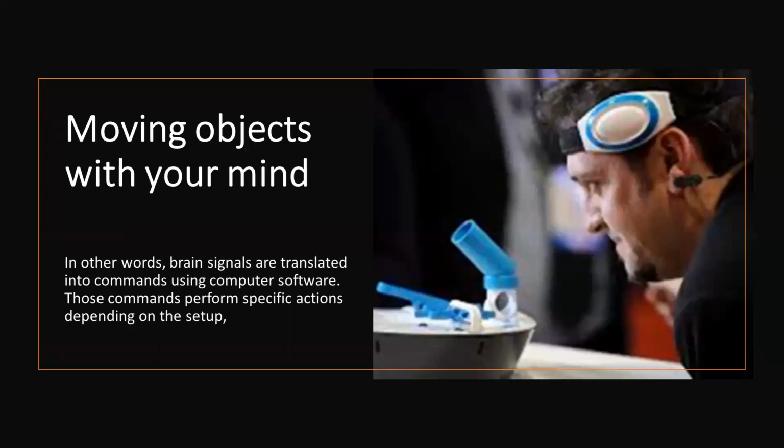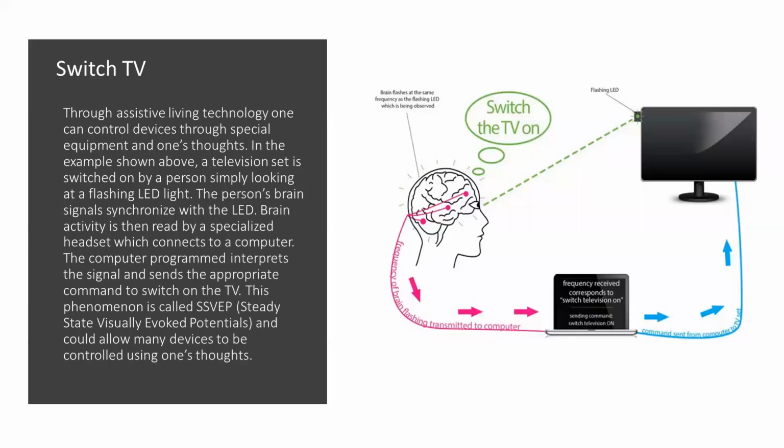Moving objects with your mind: in other words, brain signals are translated into commands using computer software. Those commands perform specific actions depending on the setup that we put on the computer, such as switching on a TV. Through assistive living technology, one can control devices through special equipment and one's thoughts.